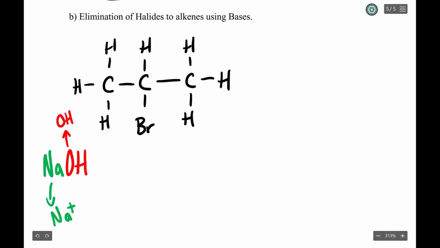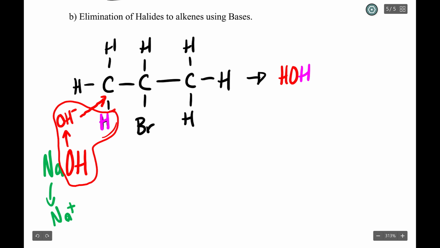What it's going to do is it's going to go to this carbon here, and it's going to steal this hydrogen here, and I'm going to color code this an H. And in doing so, it's going to remove the hydrogen and form a water. So now what we would have is an HOH, which would be these ones here.